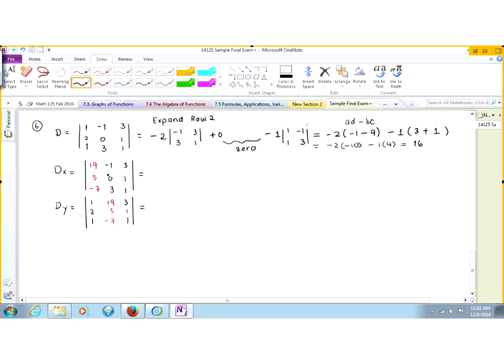Alright, so now we have zeros again. So should we expand row 2 again? Yeah. Now, what are our signs from the checkerboard? Minus, plus, minus. Okay. So what are my elements? 5, 0, 1. Okay, now let's worry about the 5.